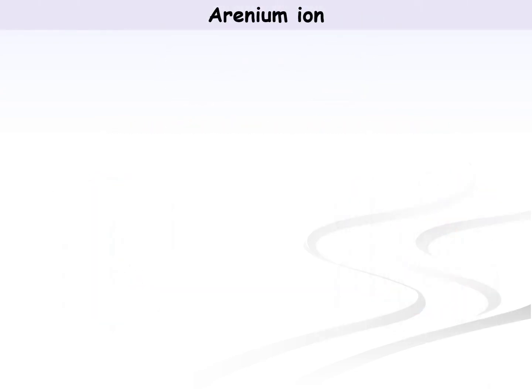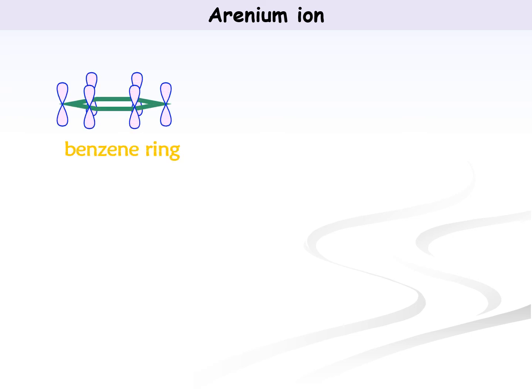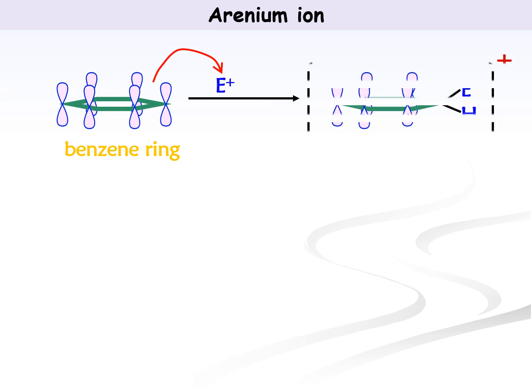Arenium ion. An arenium ion is the carbocation, or the intermediate, formed by electrophile attack on an aromatic ring. The benzene ring attacks the electrophile and produces an arenium ion.